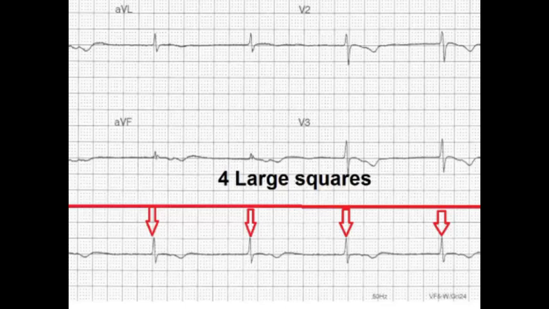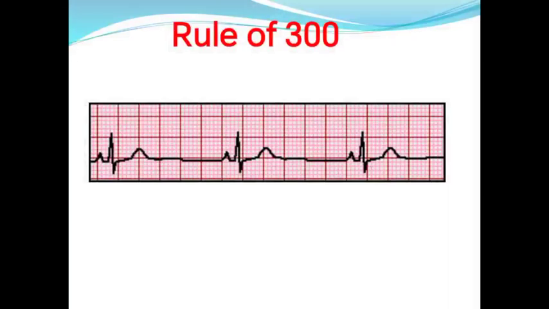This is how the rule of 300 works. Here, 1, 2, 3, 4, 5, 6. Between two QRS complexes we have 6 large squares. So 300 divided by 6 equals 50 beats per minute. Simple like that.